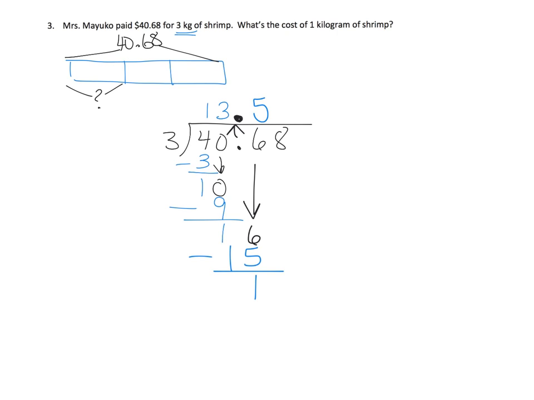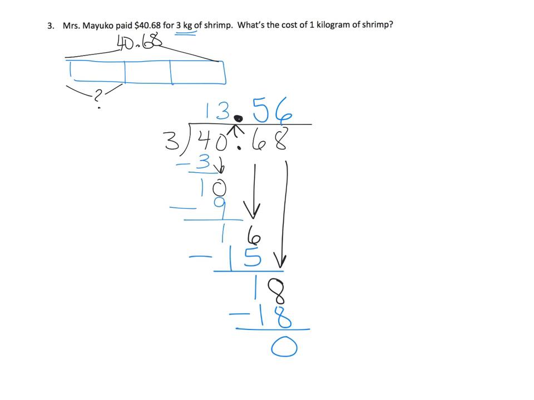So now we have 1 tenth left over. We're going to cash it in for 10 hundredths, and that means we now are going to have 18 hundredths. And 18 hundredths divided into those 3 groups means we can put 6 dots into each of those 3 groups. And that means we've used up all 18 of our dots.